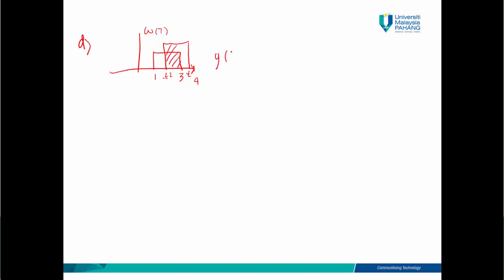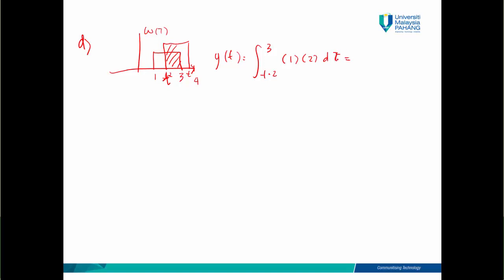So y(t) equals the integration from t minus 2 to 3, with the amplitude of w equal to 1 and z equal to 2, d tau.